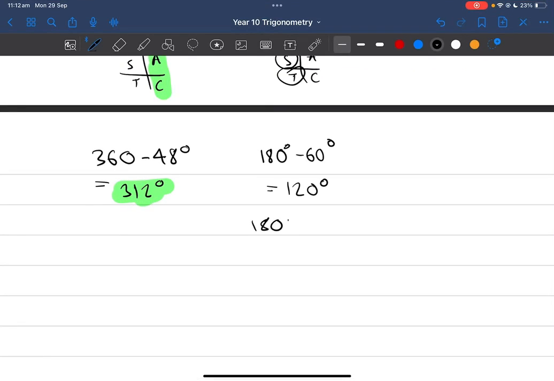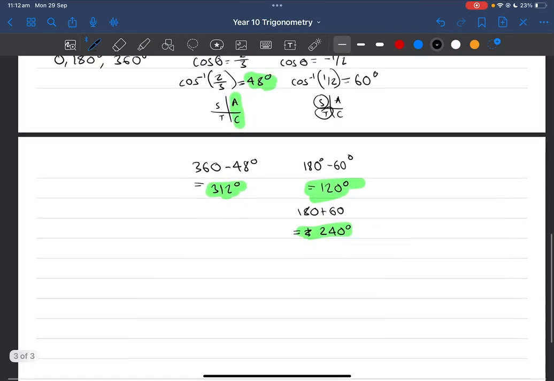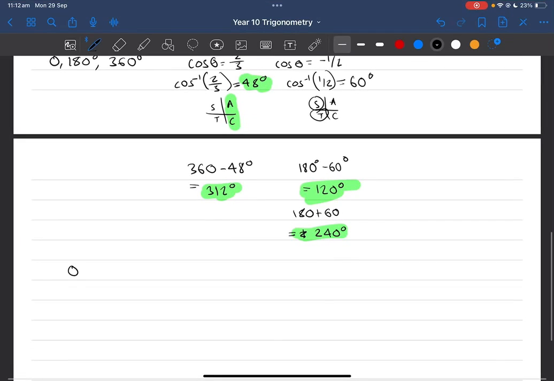And 180 plus 60, which is just 240 degrees. So therefore, our final answer for this question will be 0, 180 degrees, 360 degrees, 48 degrees, 312 degrees, 120 degrees, and 240 degrees.